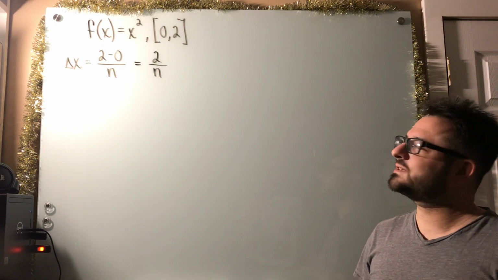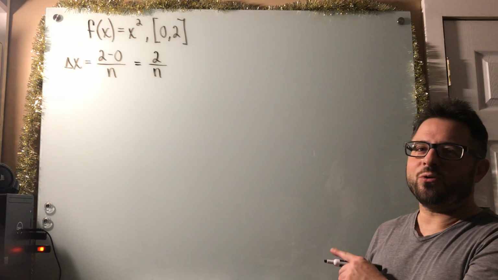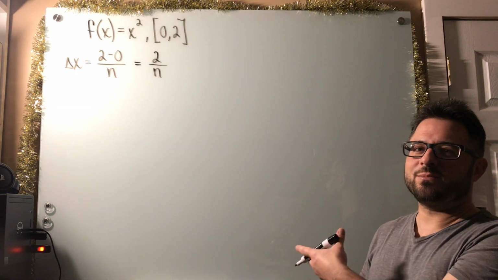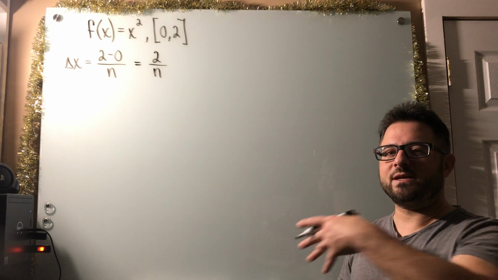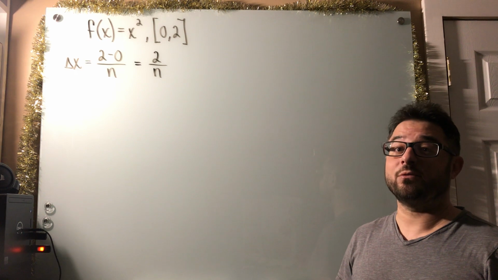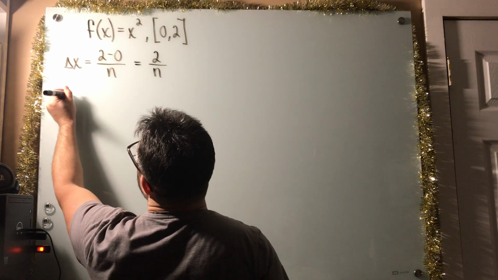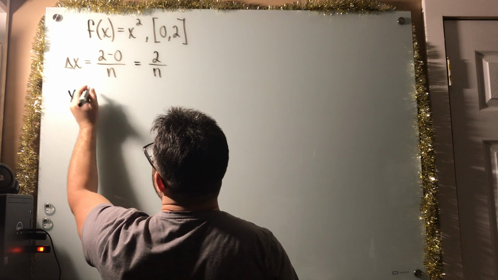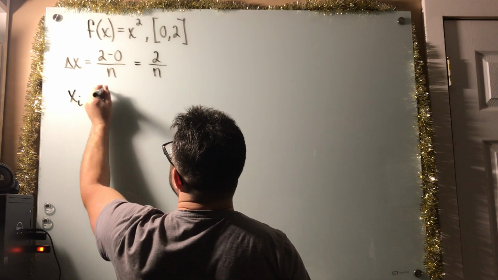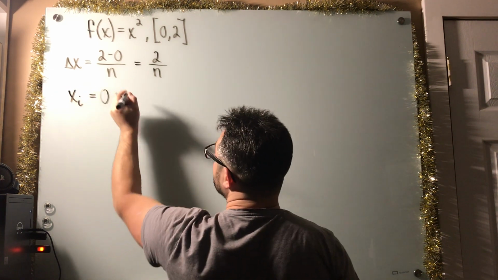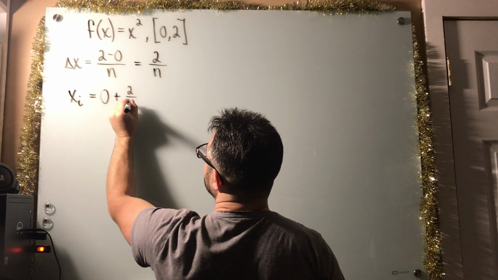I chose not to, and as a result what you'll see is a lot of similarities here to what we did when we actually had a specific value of n. So I did that on purpose. Now, x sub i is a, which is 0, plus 2 over n times i.